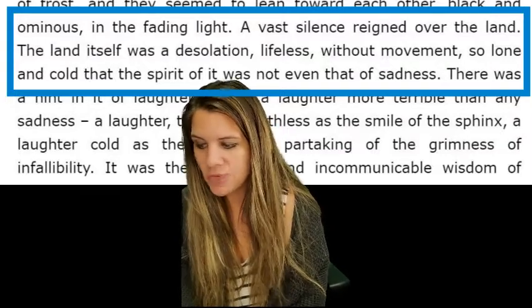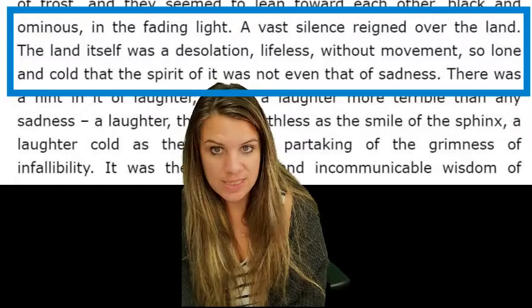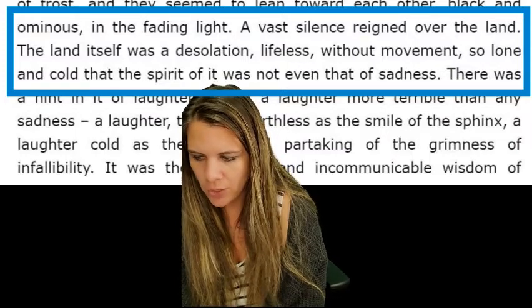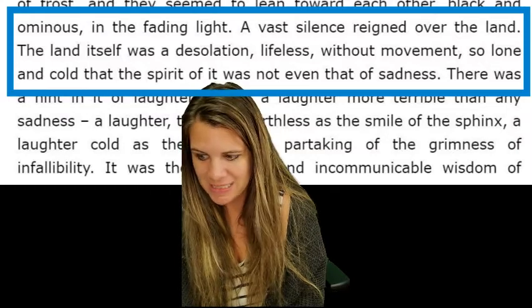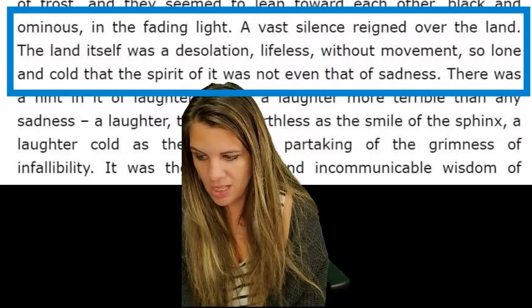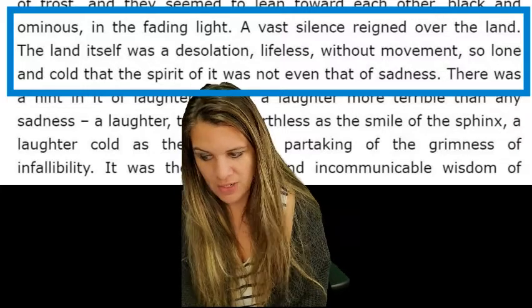"The land itself was a desolation, lifeless, without movement, so lone and cold that the spirit of it was not even that of sadness." Okay, so I'm trying to figure out this word desolation, and I'm noticing that the author added some commas there, and it looks like they gave me some synonyms, some other words that help me understand what desolation means, because they're similar words.